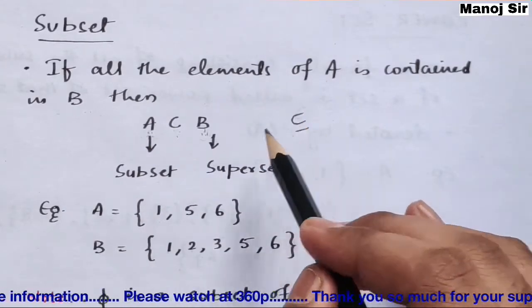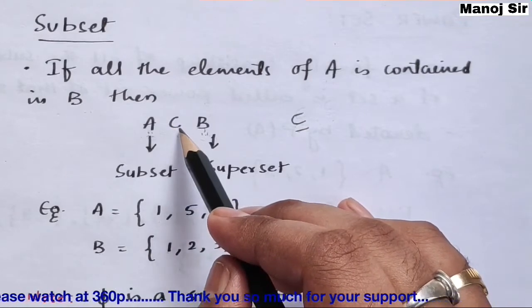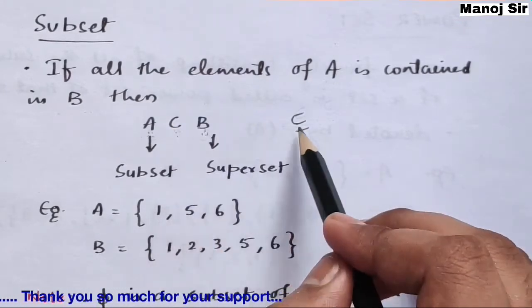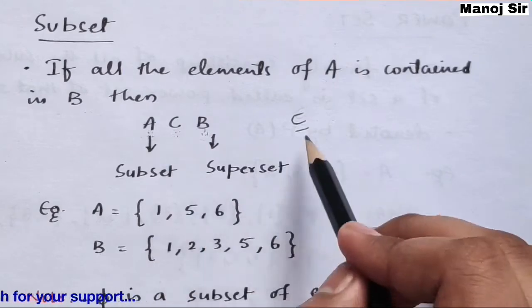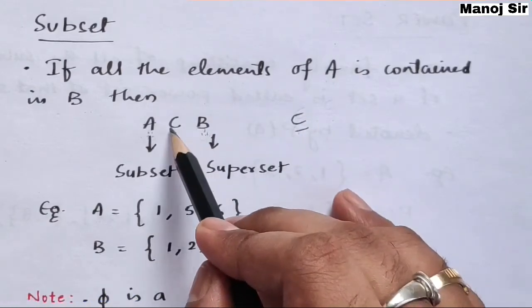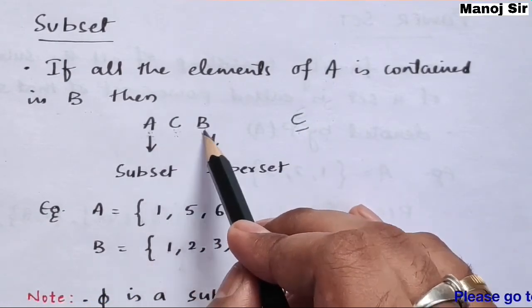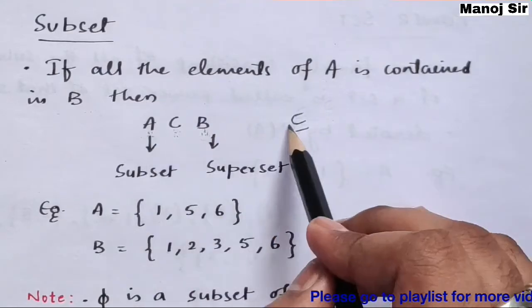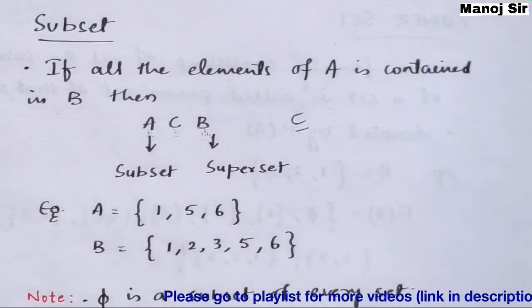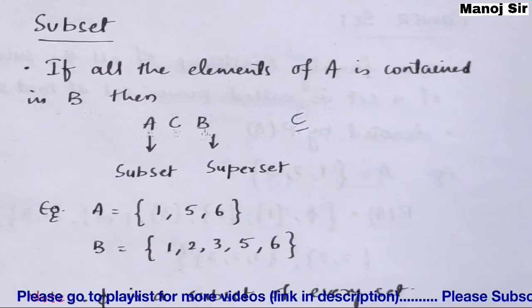There is no problem in using this or this form. This is also known as subset. Here you can use this sign as A is a subset of B, or you can use this one. Both the signs are almost identical.